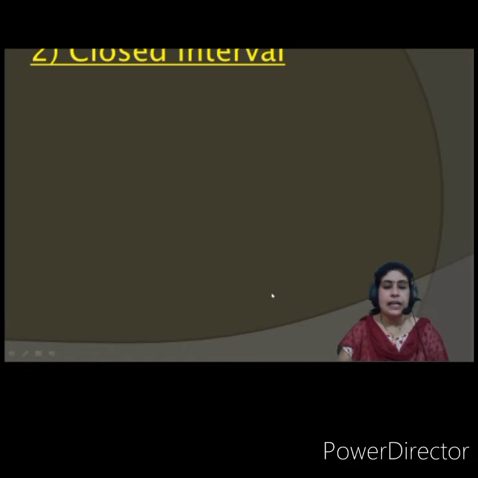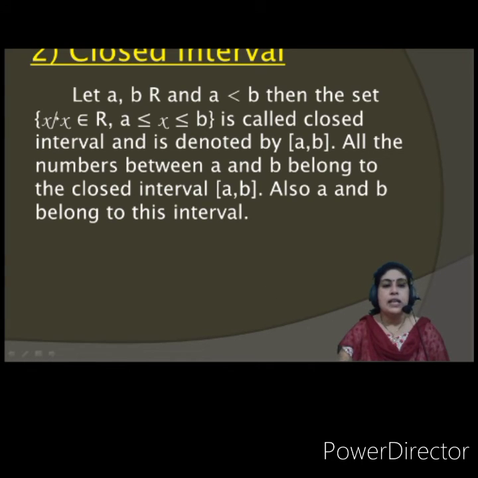Let us see the second one, that is the closed interval. Let A and B belong to R. Suppose A and B are some real numbers, and A is less than B. Then the set, now see here the difference, X greater than or equal to A but less than or equal to B, is called a closed interval.